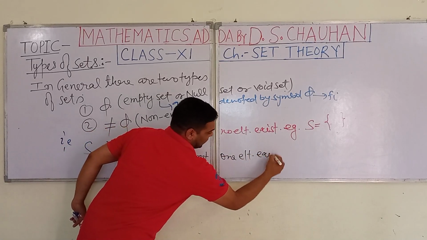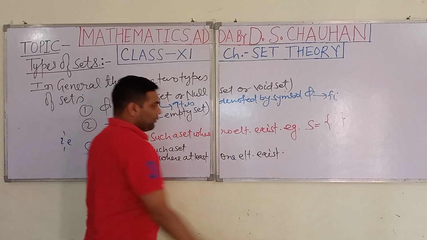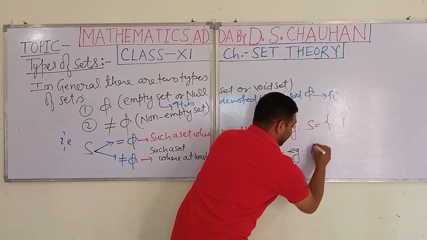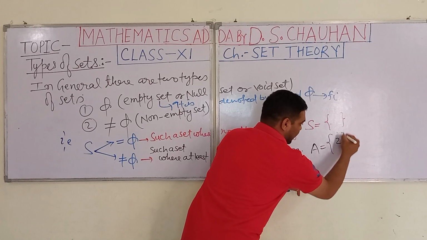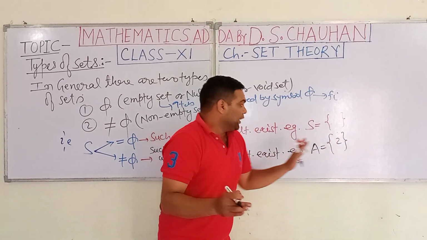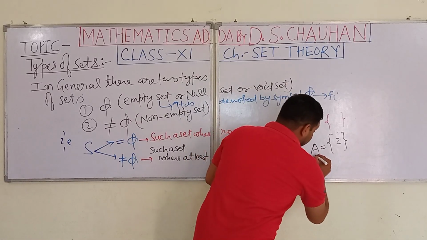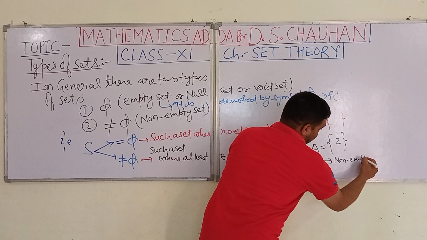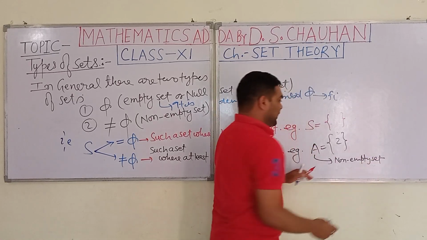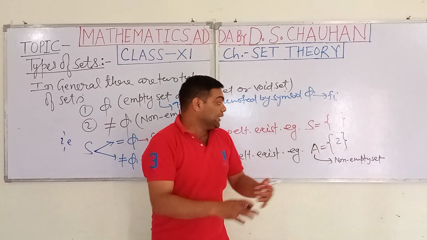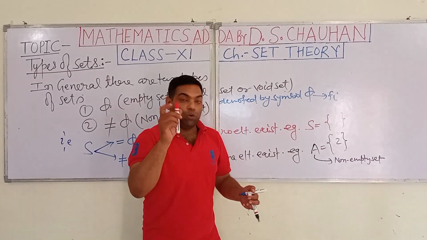Now, next students, here is such a set where at least one element exists. For example, this is another set A. Here only one element is present.